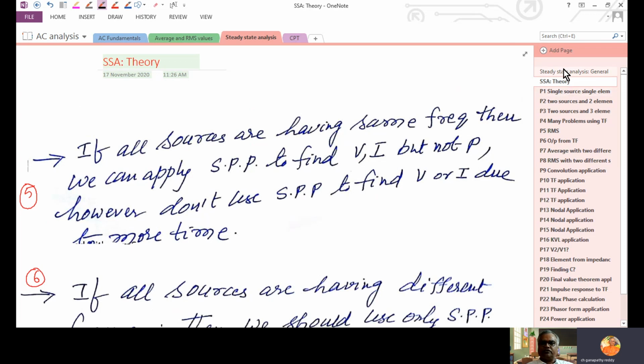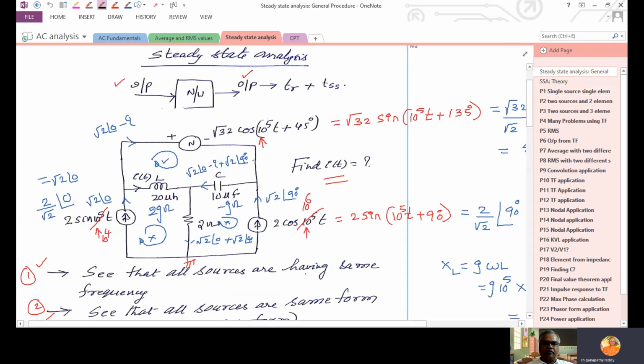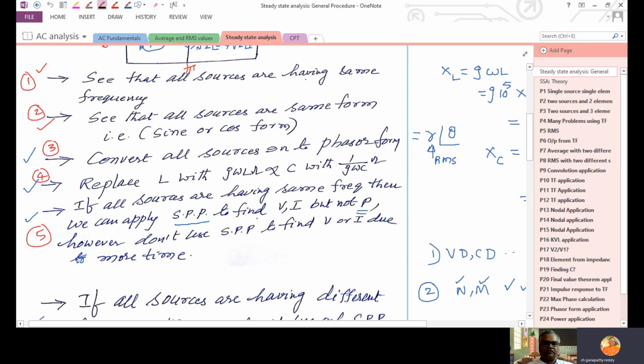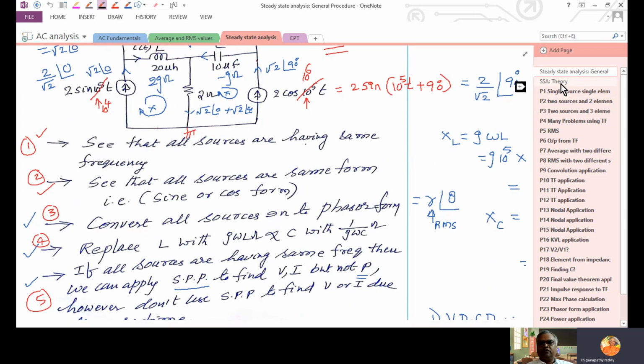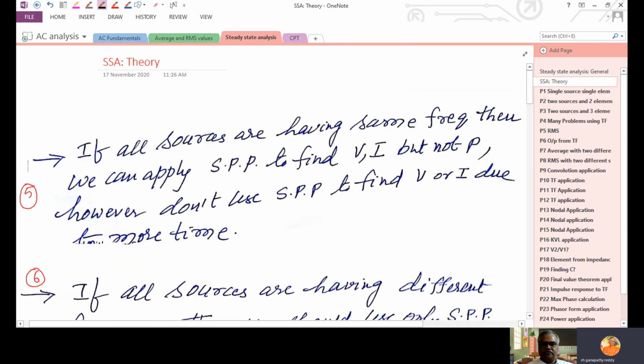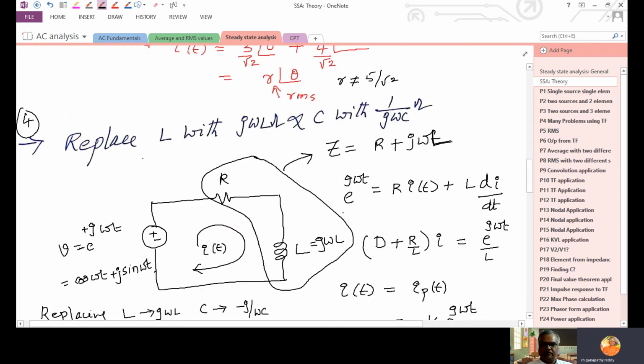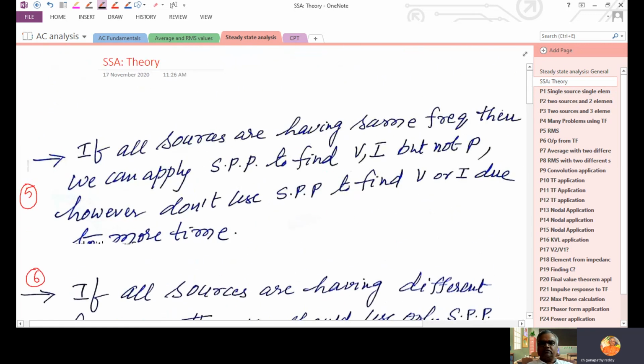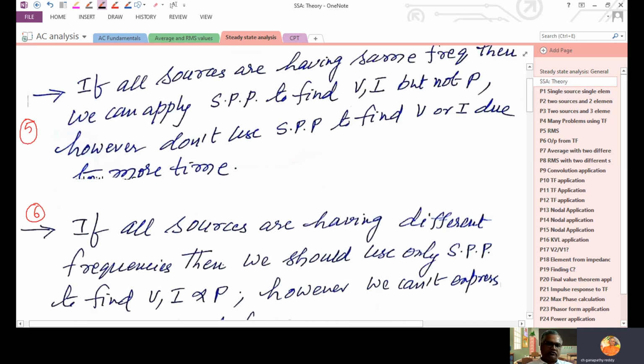First I took a big problem, the statements were given and I explained how to apply them. Second, I gave the justification for those statements. Now these problems we will discuss next class. So next class only problems. Theory part I finished, explained with the help of one big problem.